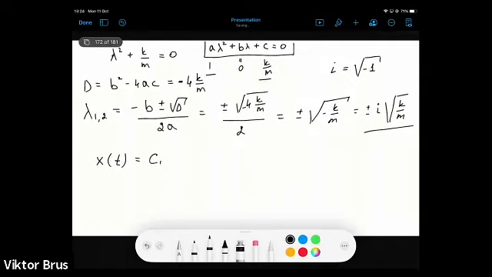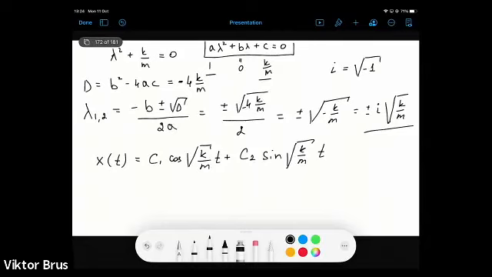Constant 1 times cosine of the square root of the numerical value of this complex solution of the characteristic equation, which is K divided by M, multiplied by time t, plus constant 2, C2, times sine of the square root of this numerical value, K divided by M, times t.